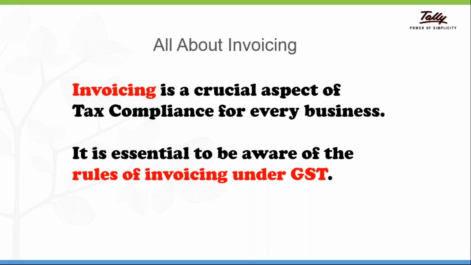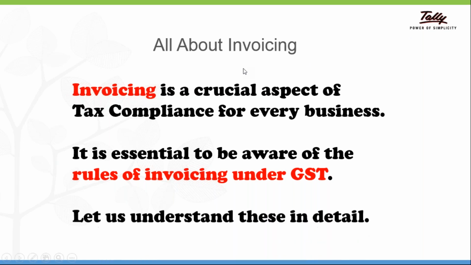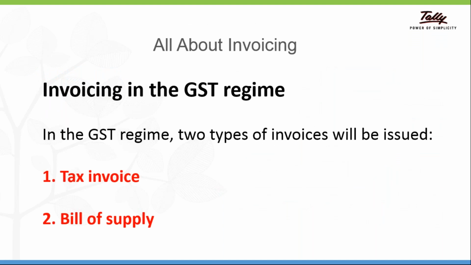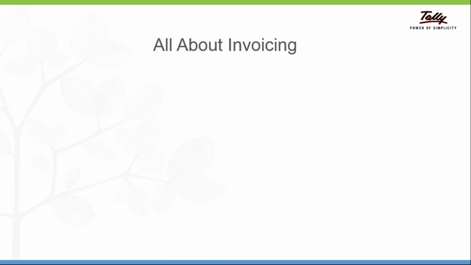There will be tax invoicing and bill of supply. Tax invoicing is when you are a registered dealer, you will have a tax invoice. For the composite levy, you will have a bill of supply.